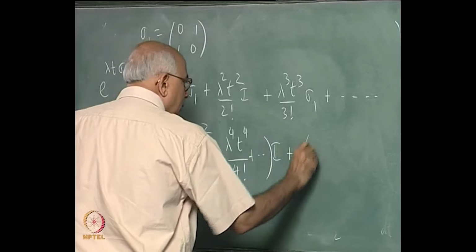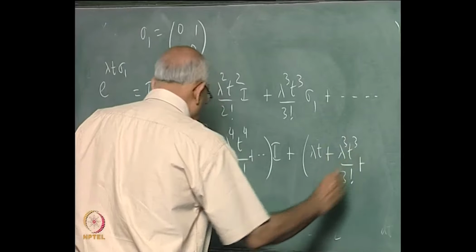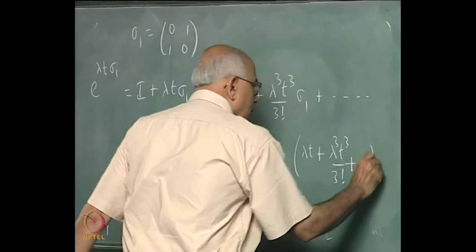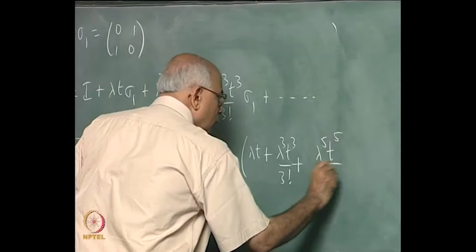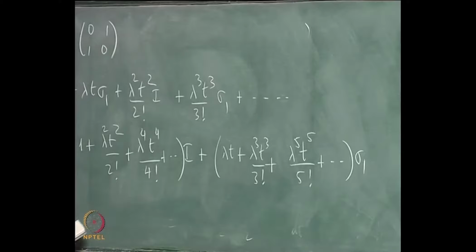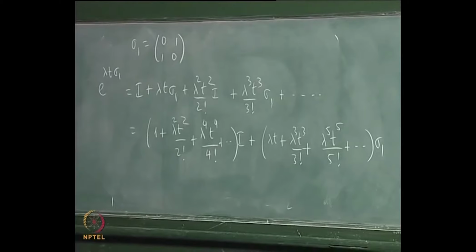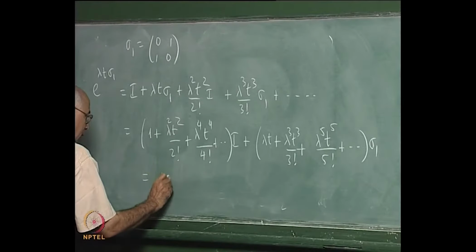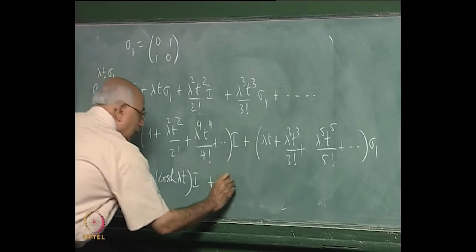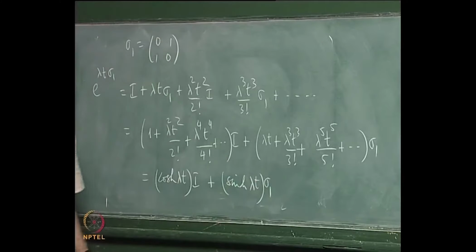Plus I have another matrix which is lambda t plus lambda cubed t cubed over 3 factorial plus lambda to the 5 t to the 5 over 5 factorial plus, times sigma 1. So what is this equal to? Yes, it is equal to cos hyperbolic lambda t times I plus sine hyperbolic lambda t times sigma 1, that is it.